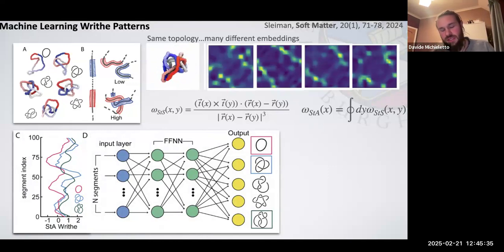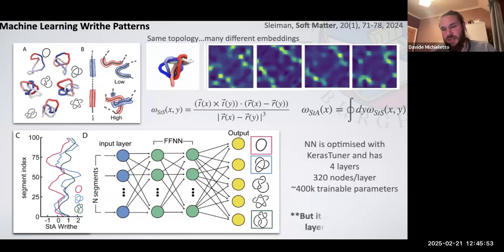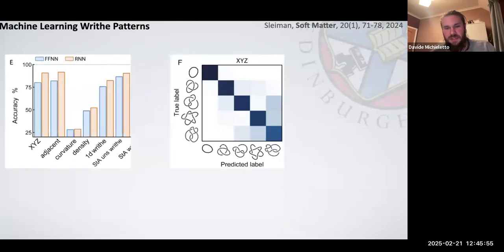We have a few hidden layers, and then an output that in this case is 5 classes: 0, 1 up to 5_1, 5_2. We train the network to recognize the pattern, and then we test it with unseen conformations.